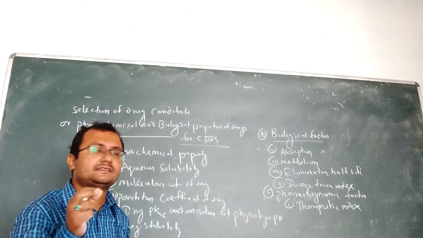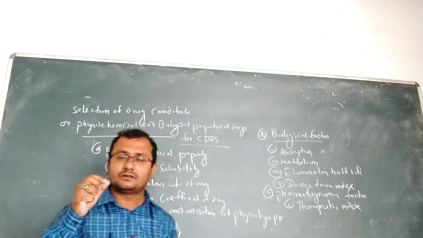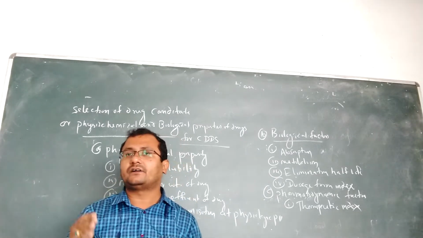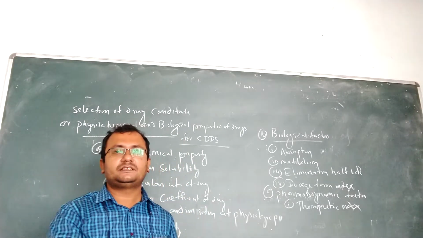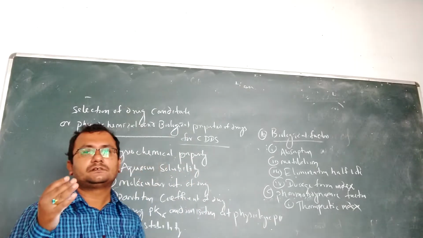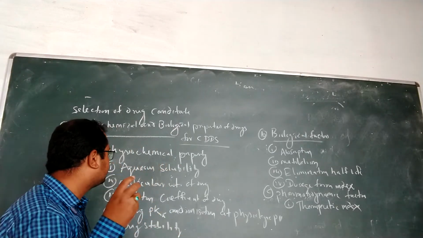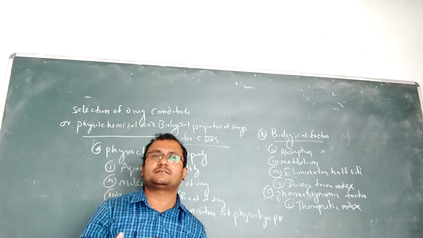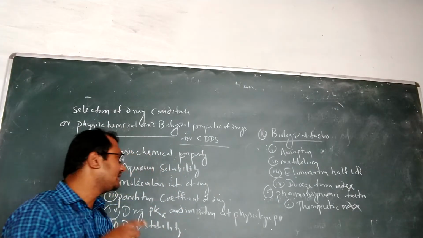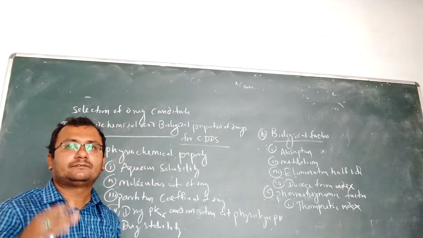Both are required for controlled drug delivery system: water solubility for dissolution in the dissolution media, stomach media, and lipid solubility for absorption. So if a drug has a good partition coefficient, then it will be suitable for controlled drug delivery systems. If it has a low partition coefficient, then definitely that will be a problem for the absorption of drugs.